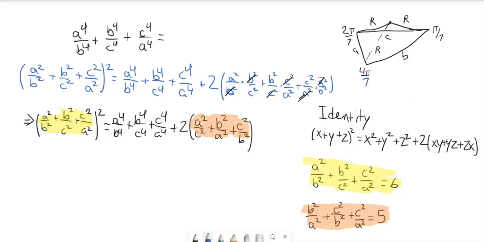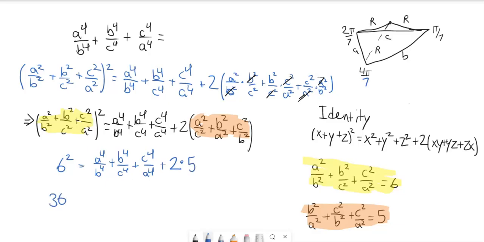Where the yellow part is, I'm going to replace that with 6. So it's 6 squared plus a to the fourth over b to the fourth plus b to the fourth over c to the fourth plus c to the fourth over a to the fourth plus 2. And where the orange part is, we can replace that with the number 5.